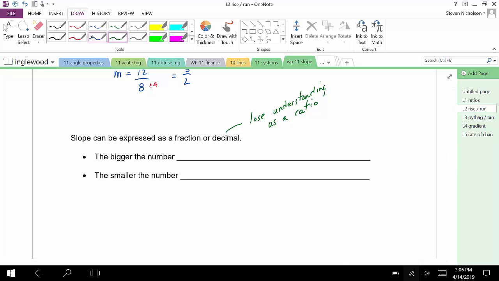So when we calculate slope or determine slope, the bigger the number, the steeper the slope. And the smaller the number, the less steep the slope.